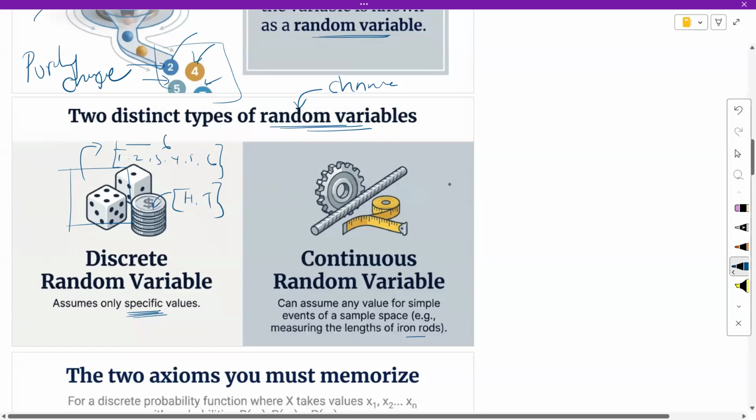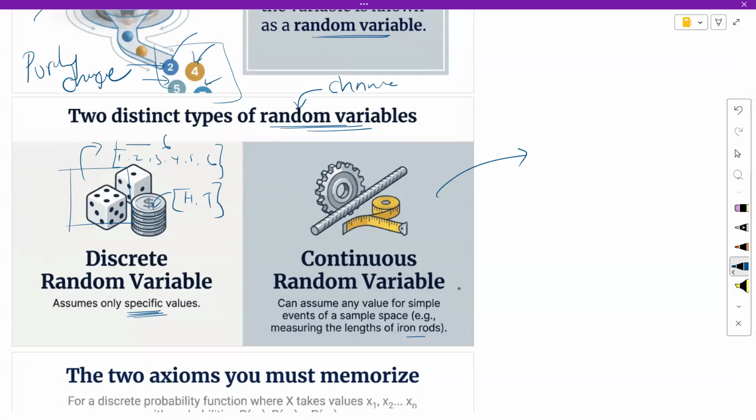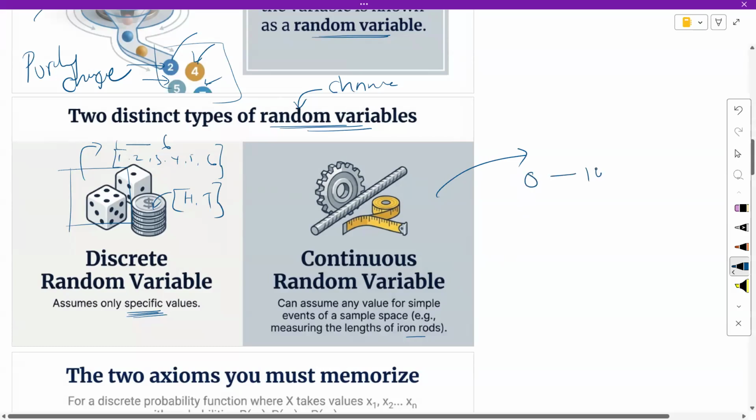But the continuous random variable may get any values from the sample space. For example, in an examination, you get a range of 0 to 100 marks.